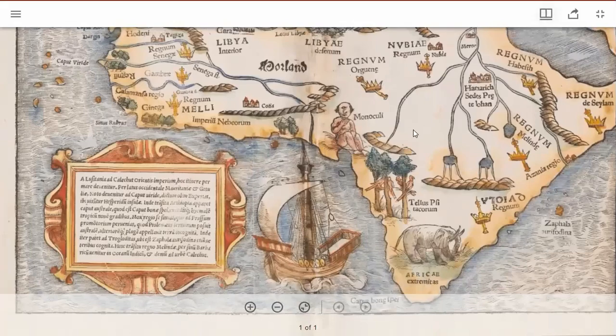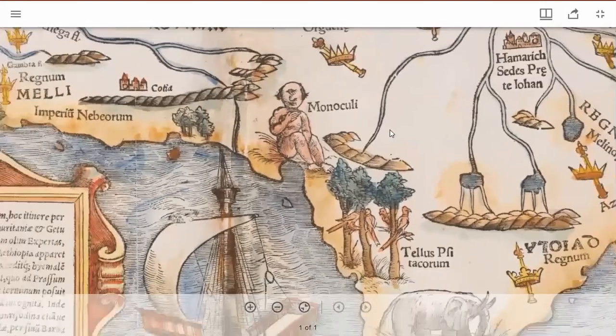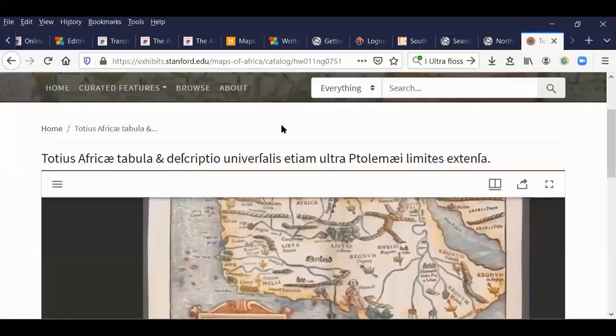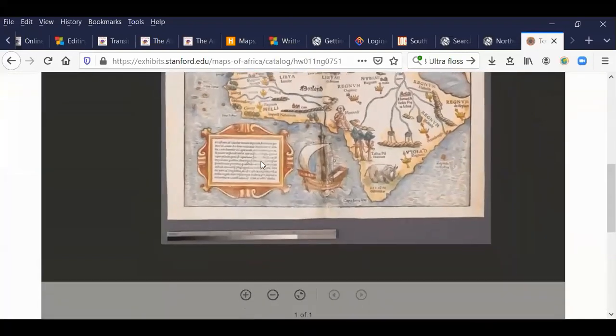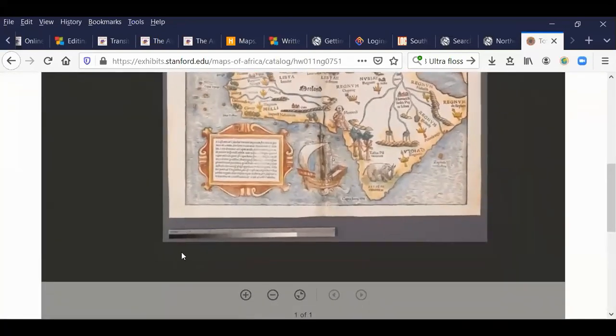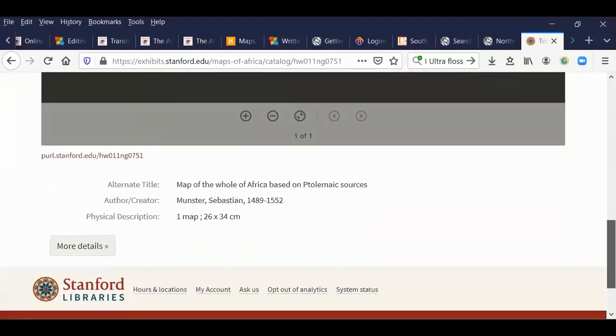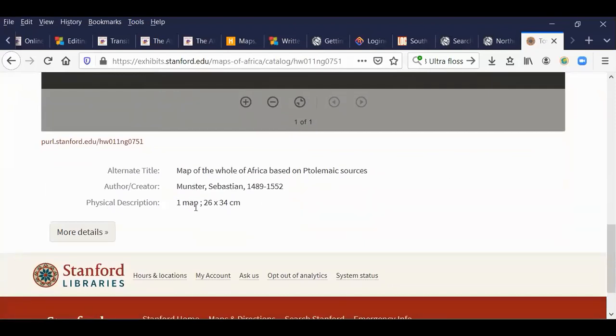So you can see there's various information to be picked up from these maps, even though historically they're quite limited in their accuracy. They're culturally and historically quite important in their representations and misrepresentations.